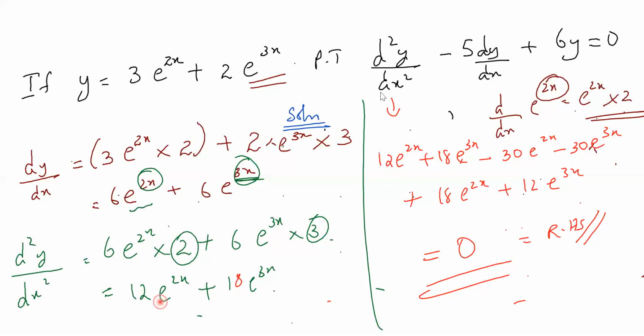So 6 twos are 12, 12 e power 2x. 6 threes are 18, 18 e power 3x. I'm just substituting in the prove that equation. That's all. Now I have to do simple addition and multiplication. I'll definitely get the answer as 0. That is for sure. Is it clear for everyone?